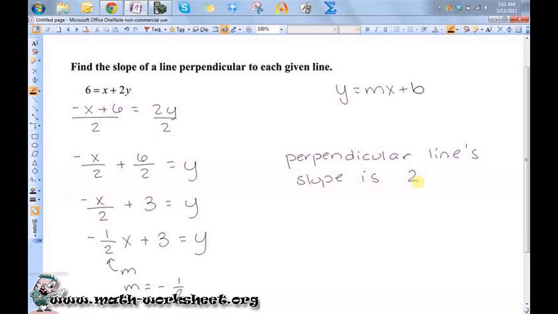Now, for two things to be considered negative reciprocals, that means if you multiply them, then you'll get negative 1, and if you do multiply negative 1/2 by positive 2, you do get negative 1. So this, in fact, is going to be the perpendicular line's slope.